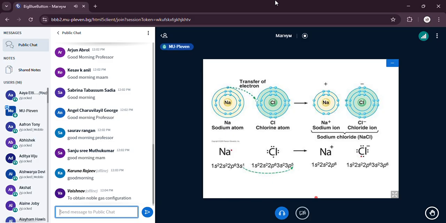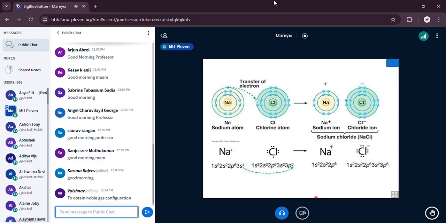Atoms of nonmetals usually contain a larger number of electrons, greater than 4, for example. So, how can this octet rule be realized for the atoms of metals and nonmetals?